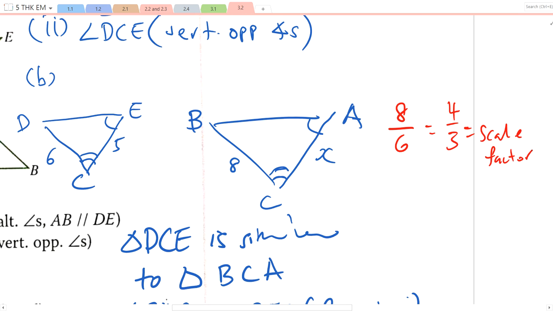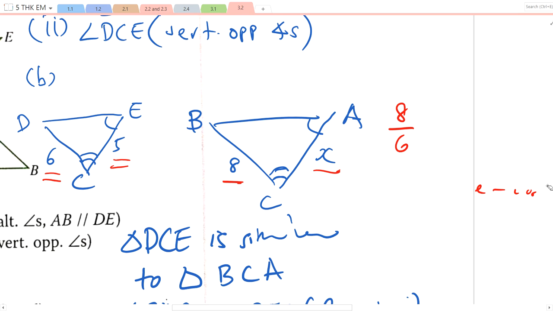At the same time, because I'm comparing this one over here with this one, I should be comparing x with 5, isn't it? So x over 5 must also have the same scale factor, isn't it? Right? This must also be the scale factor. Agree? Since they are the same, let's just put it this way: 8 over 6 equals x over 5.